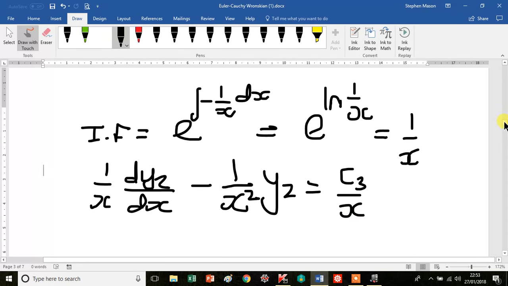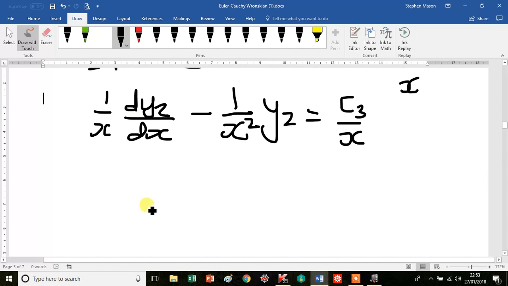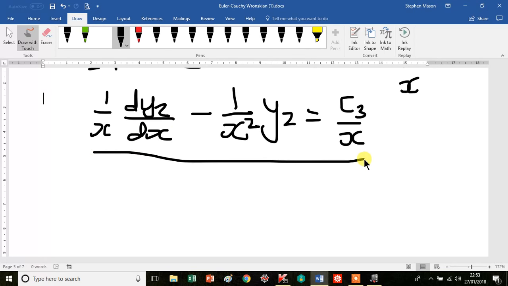Right, so we've actually simplified our situation, and we can proceed to solve this equation now.